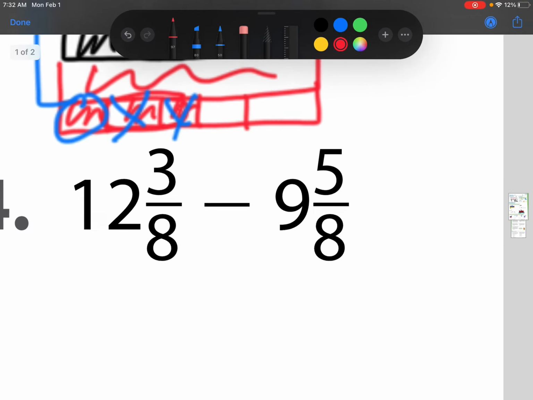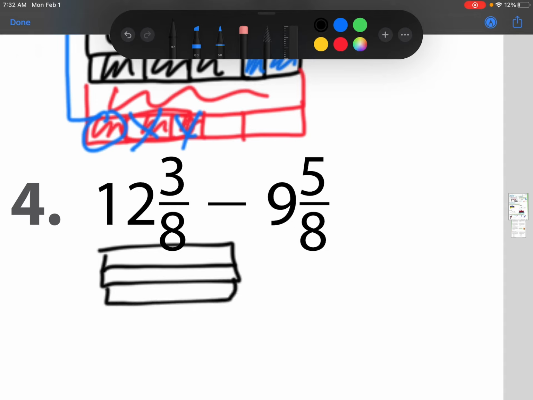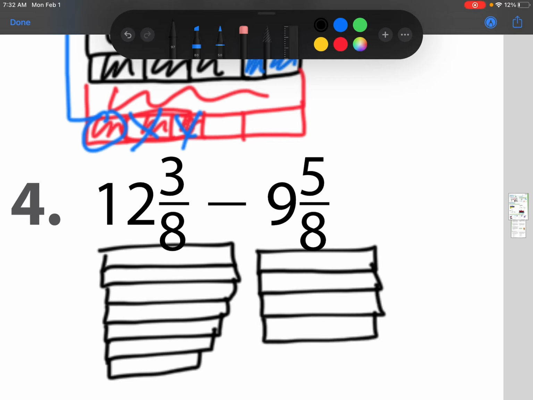Number 14. So here we have a ginormous one. We have 12 wholes. So I'm going to just draw these boxes. Let me start all the way over. So we're going to have 1, 2, 3, 4, 5, 6, 7, 8, 9, 10, 11, 12, and then 3/8. 1, 2, 3, 4, 5, 6, 7, 8.